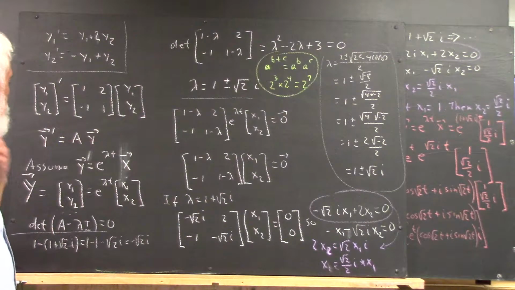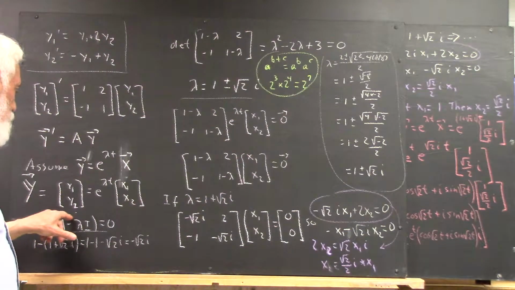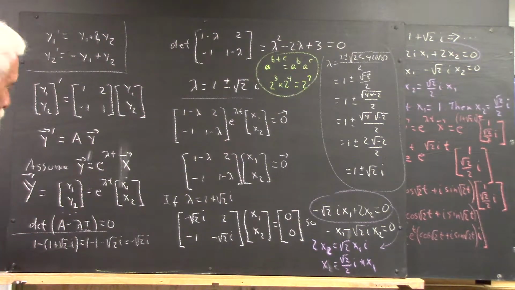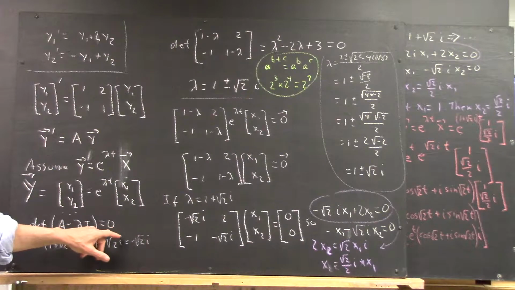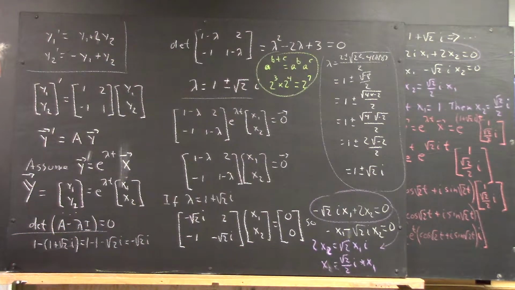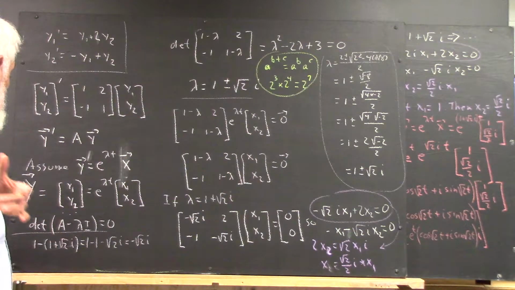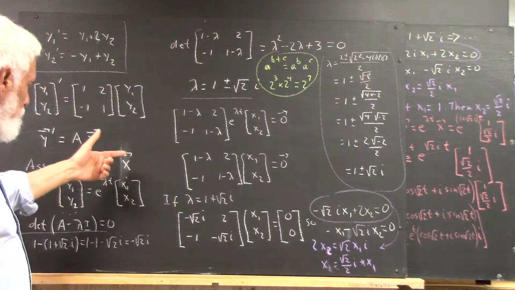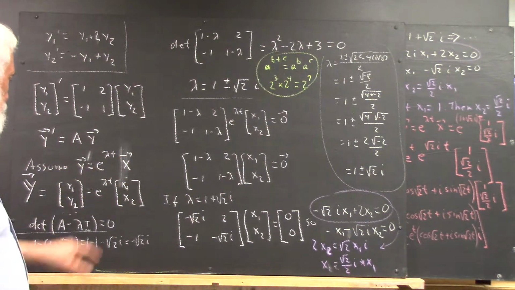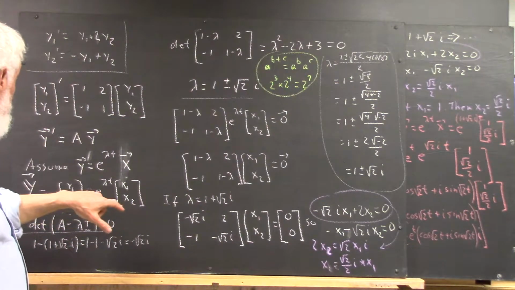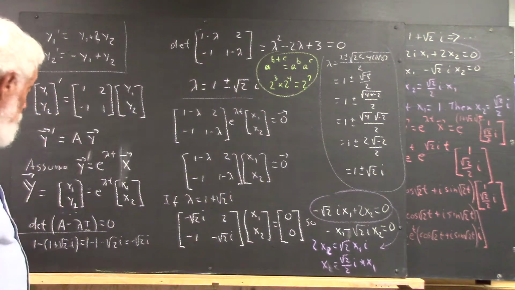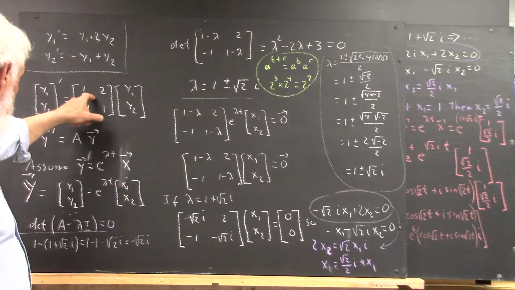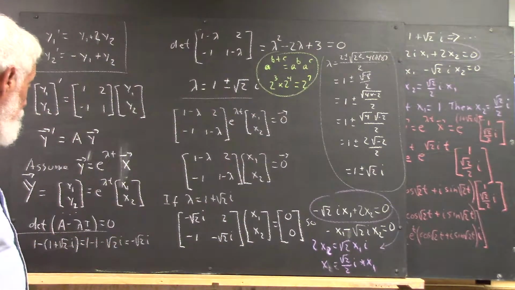Okay, I've got 3 dots here. You know, a miracle occurs, and we come up with a condition that the determinant of A minus lambda I equals 0. This is what's required in order for e to the lambda t times the x1, x2 vector to satisfy this equation. This is your A matrix, lambda times the I, equals 0.